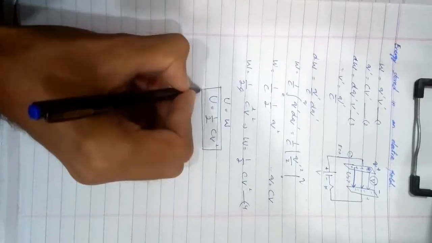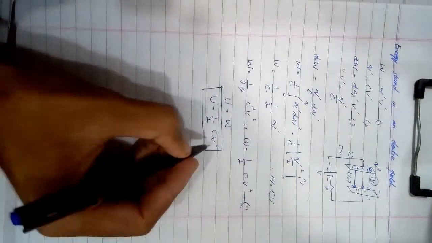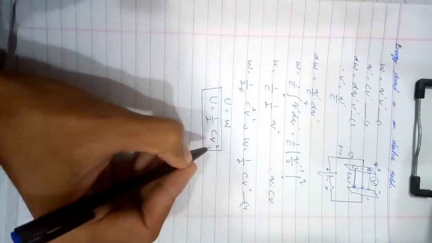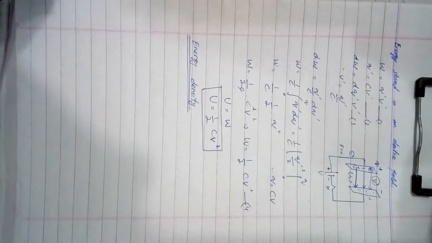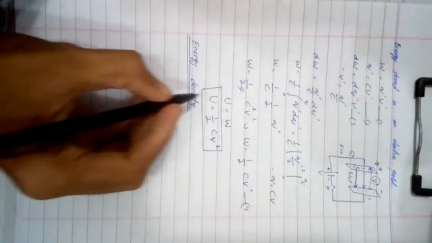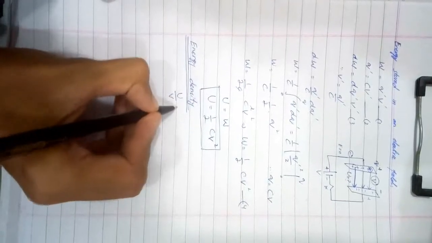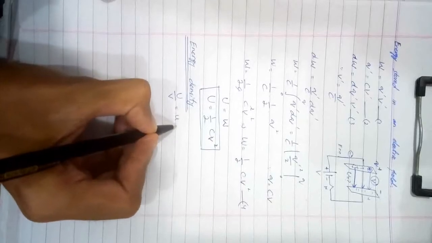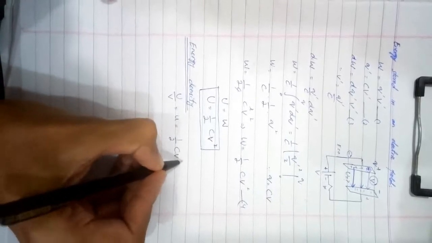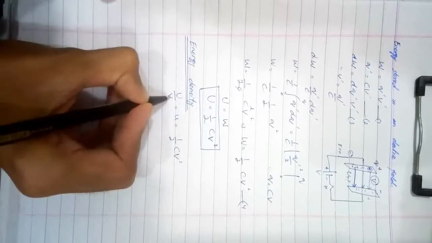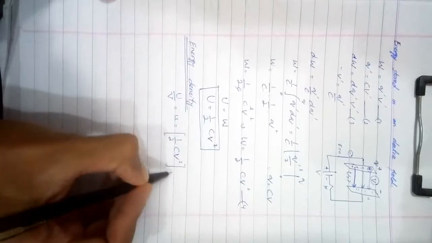So this is the energy stored in an electric field in terms of electric potential, which is V. Next, we can also introduce energy density, meaning energy per unit volume, which is shown by small u and equals the energy, 1 over 2 C V square, divided by the volume.